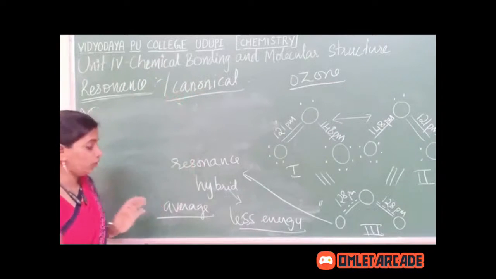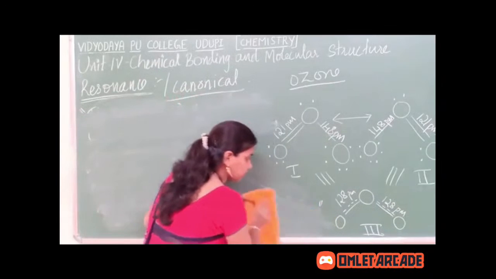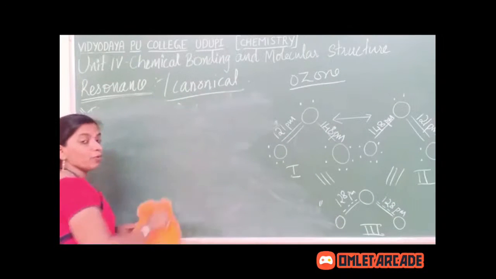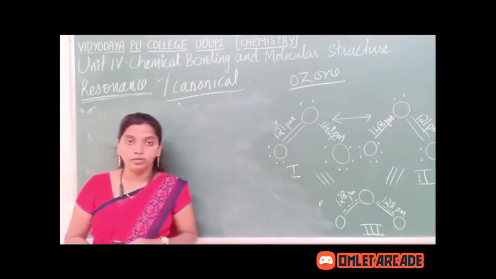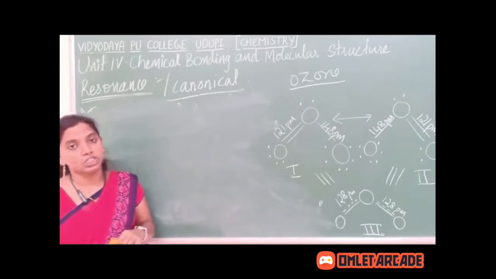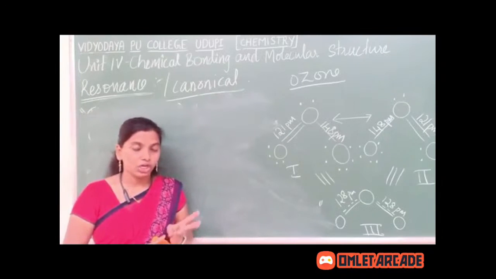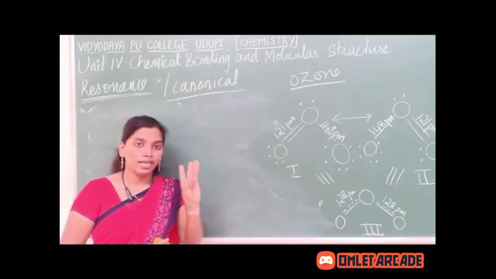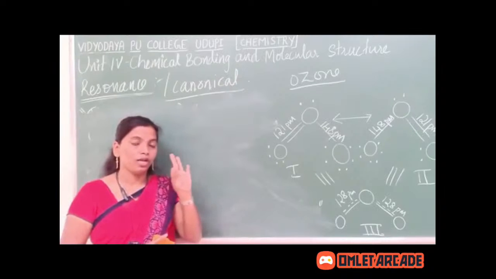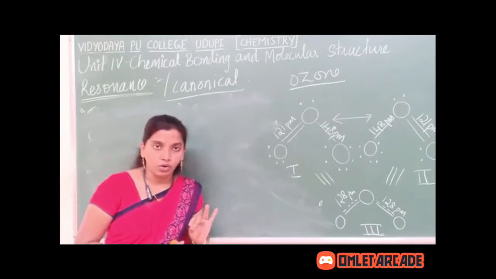Okay. Hope you understood the resonance concept. Resonance means the property of the molecule is explained by representing the structure in different forms. These different forms of the structure have similar energy, positions of the nuclei, and numbers of bonding and non-bonding electrons.